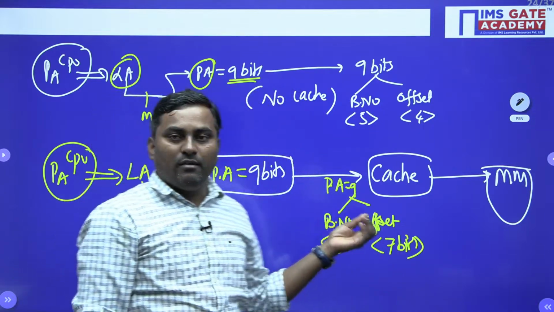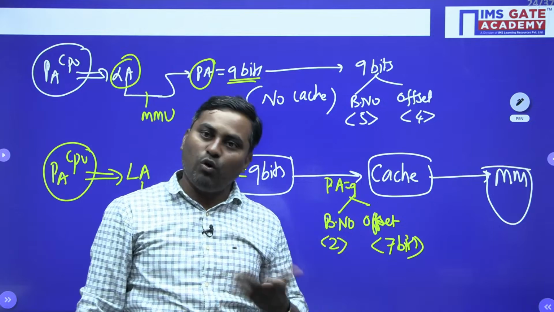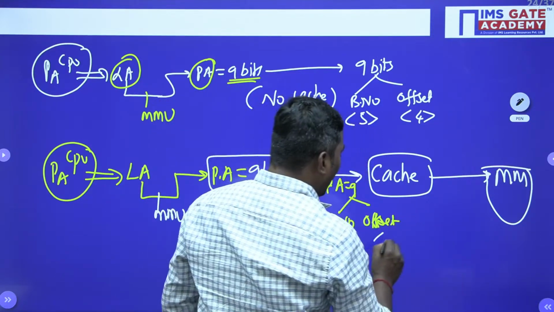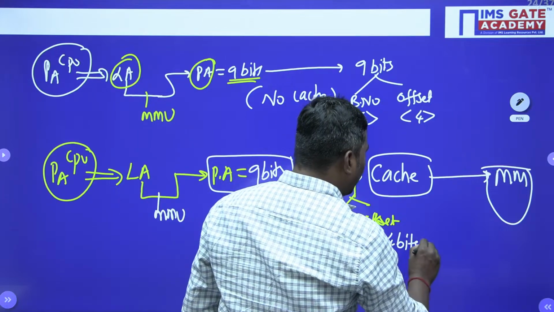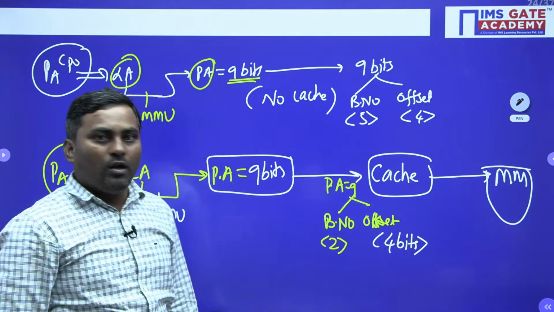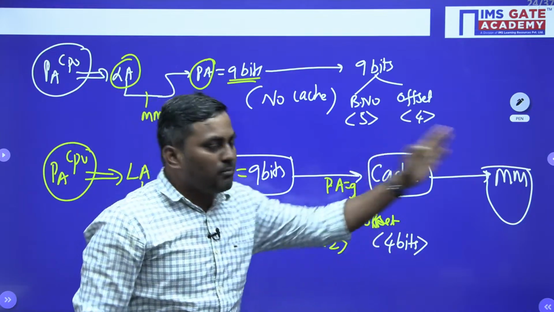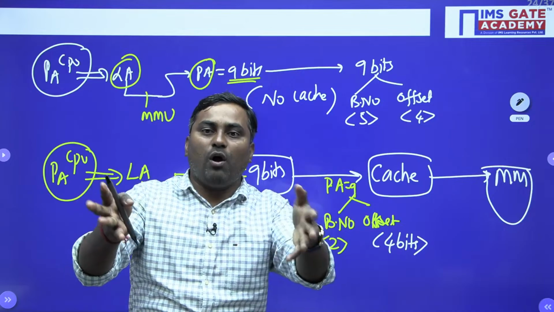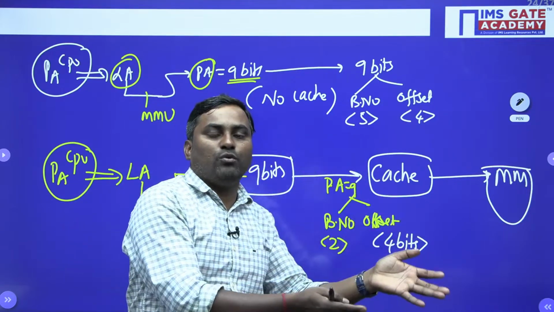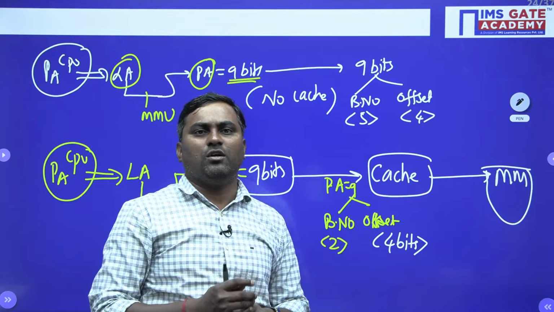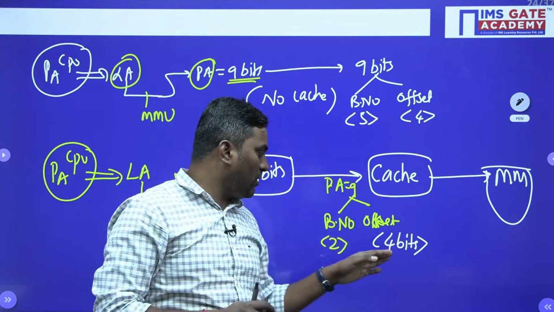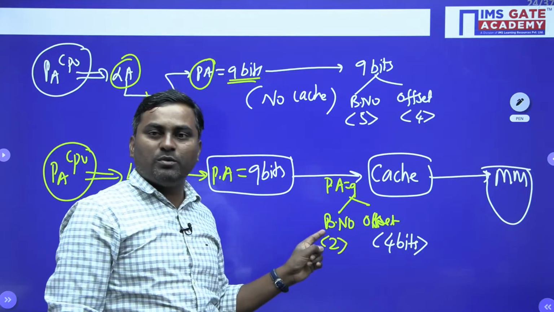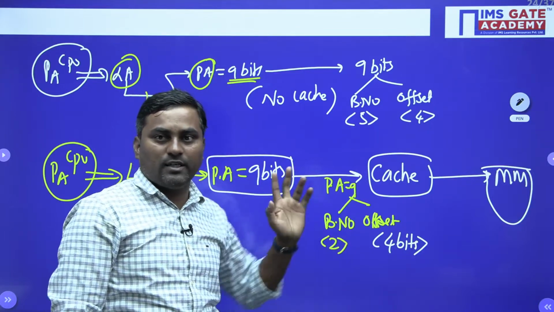But how many words are there in a block? 16 words, so only 4 bits are required. Because a block, whether in main memory or cache memory, does not change size: the block which comes from main memory to cache memory keeps its size, so for 16 words only 4 bits are required. Since cache memory has 4 blocks, 2 bits are required, and with this 2-bit combination we can write 00, 01, 10, 11.